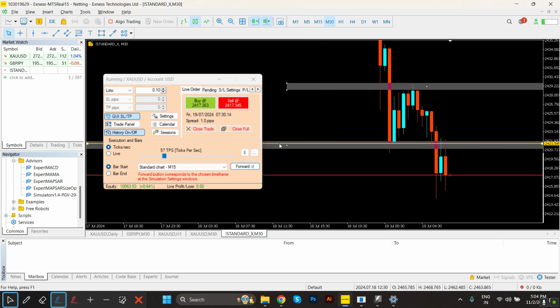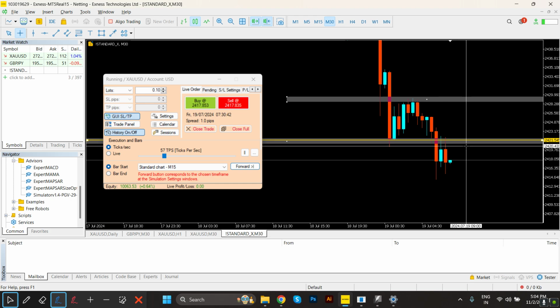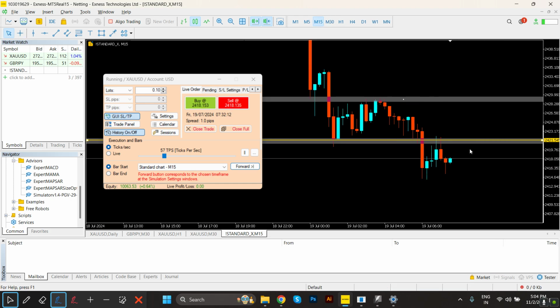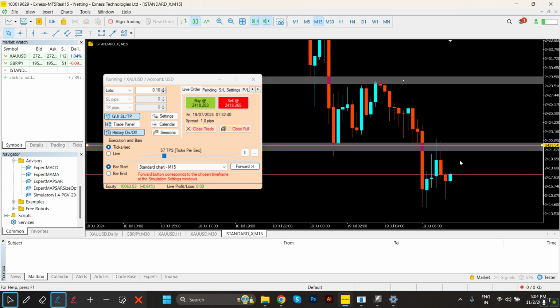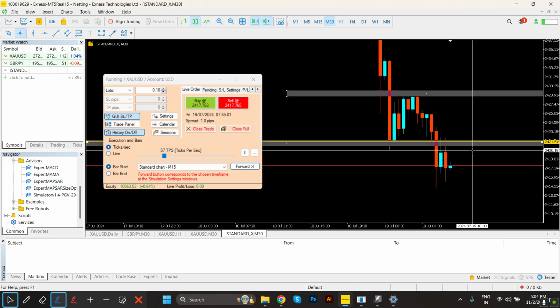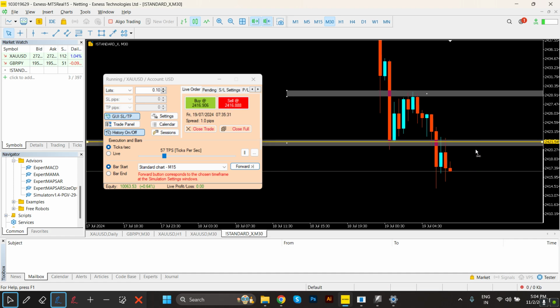Yeah, so 30-minute close. 30-minute created a resistance now. If we come up, the only problem is the stop loss is a little bit bigger. Even if the candle comes up here, I think the stop loss is going to be big.